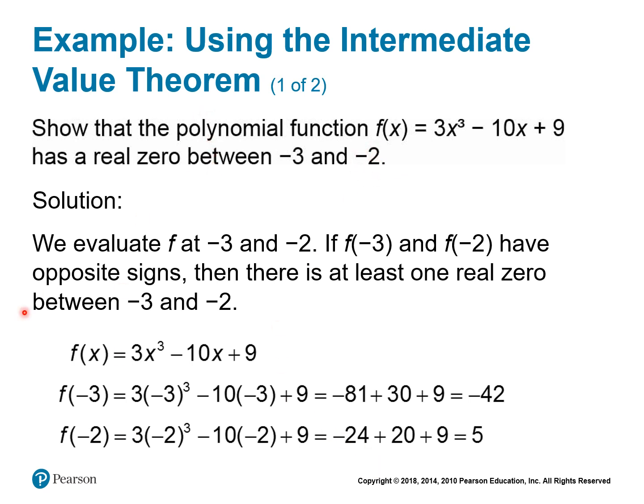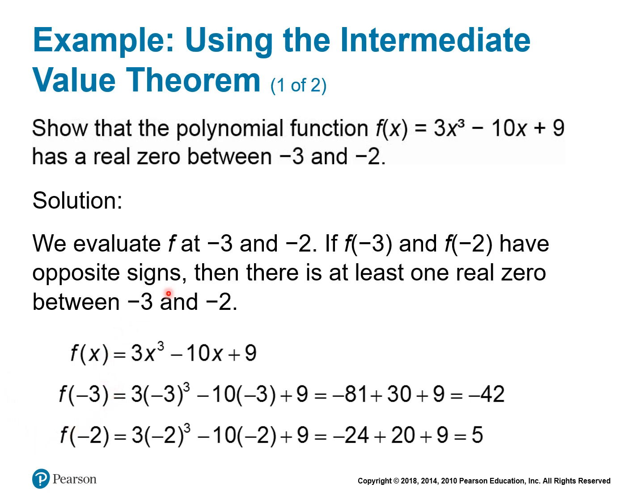So let's see what they've done here. We evaluate f at -3, so we need to find f of -3 and then f of -2 and see whether they have opposite signs or not.